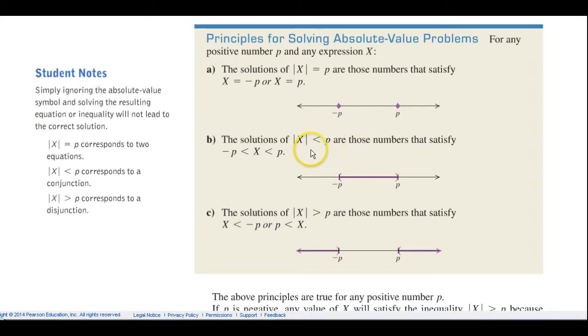Now, if you have an inequality that's less than, this is going to end up looking as a conjunction, and the set builder notation will look a little bit like this. And if you have it greater than, it's going to be a disjunction.